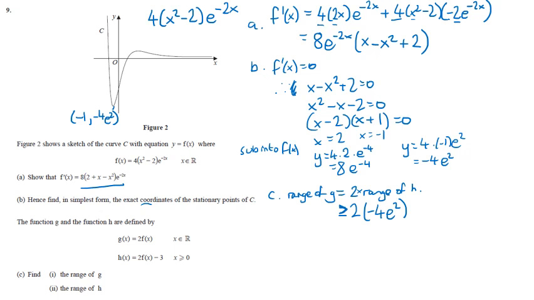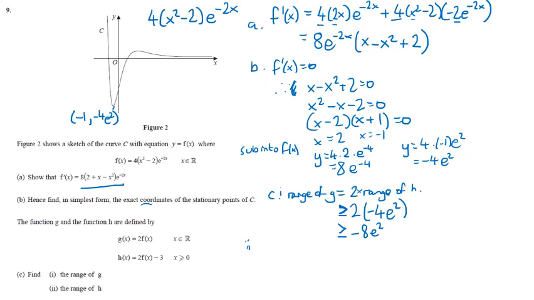Okay, so greater than or equal to minus 8e squared. And there's no upper limit on that one because the domain of g is also x for all real values, so it goes up to infinity as x becomes negative. That's part I. Now II.